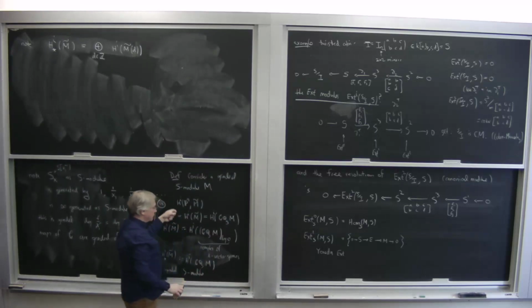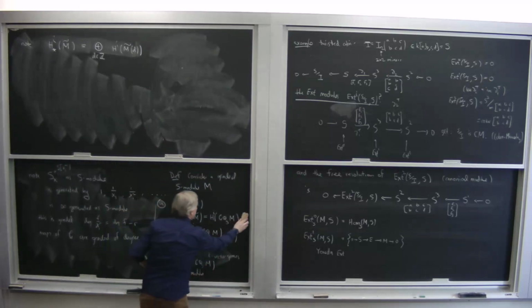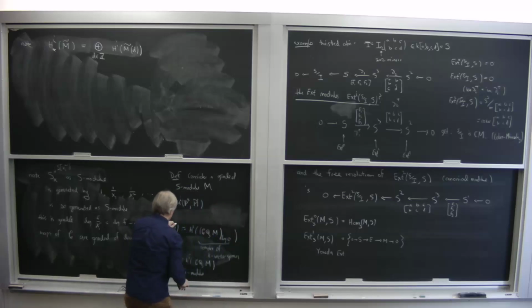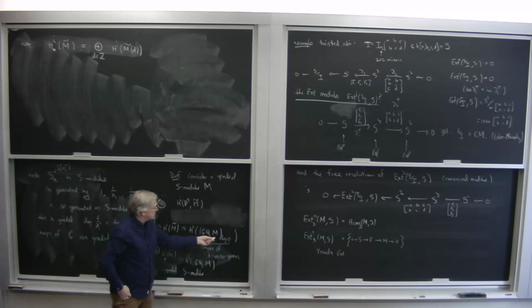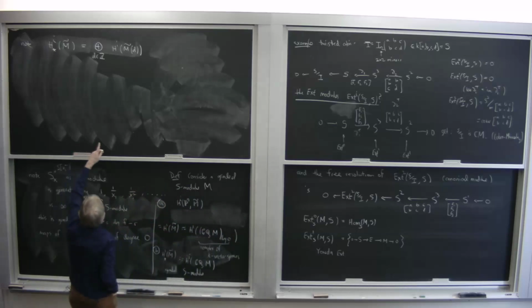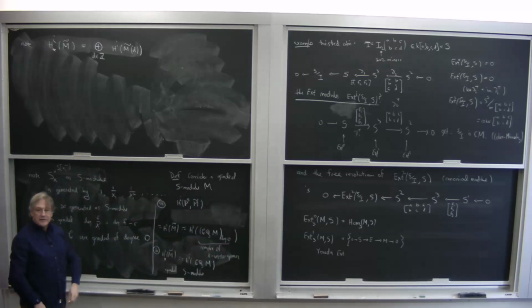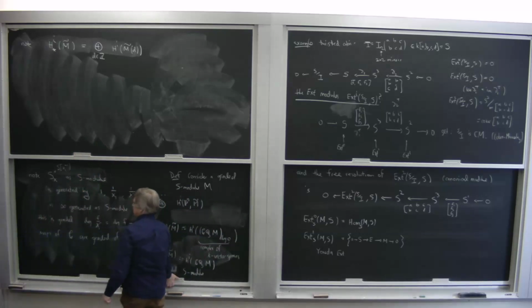I forgot, I said I would erase this afterwards, because I didn't have room to put that in. So this is what it is. So this one, you just take the degree 0 part. And if I want a different degree part, like degree d part, then I'm just getting the shifted degree m tilde of d or m of d tilde or something like that.